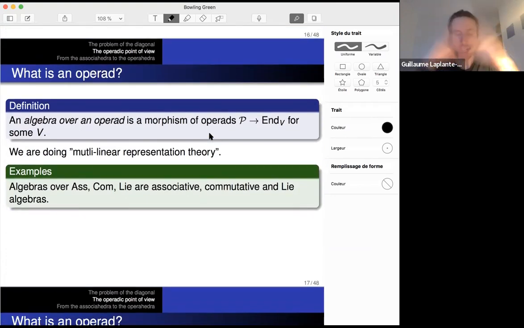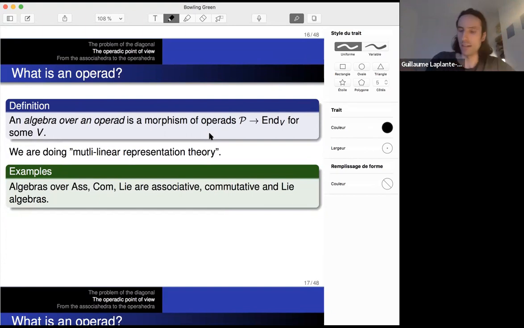The idea of an operad is that it encodes a type of algebraic structure. Here you have the definition of an algebra over an operad. It's basically a morphism of operads from your operad P to the endomorphism operad of V for a certain vector space V. This is really like doing multilinear representation theory, right?